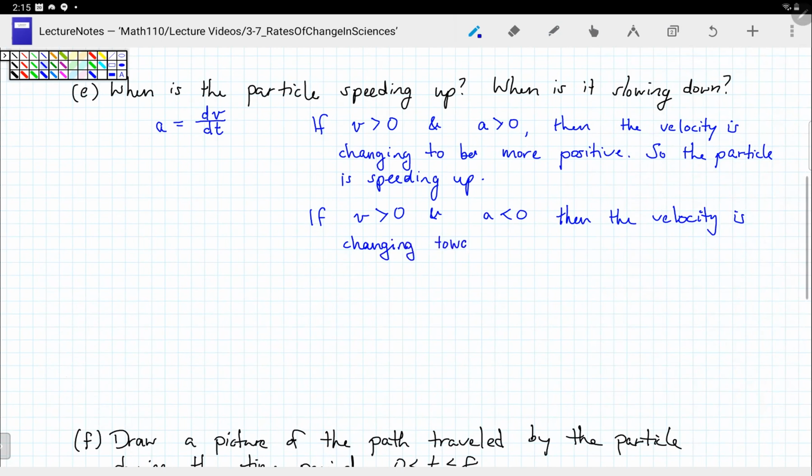So are you speeding up or are you slowing down? So the particle is slowing down.